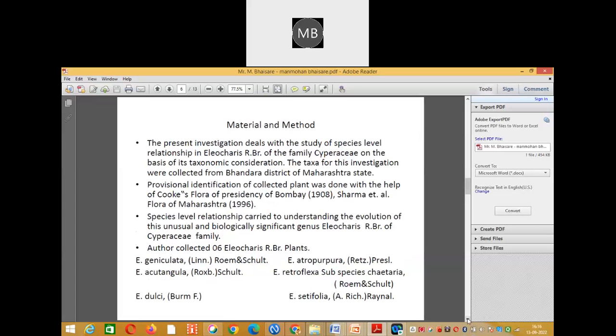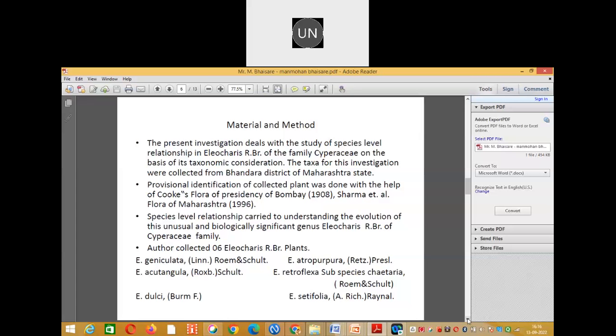I am coming to the material and method. The present investigation deals with the study of species level relationship in Eleocharis of the family Cyperaceae on the basis of its taxonomic consideration. The taxa for this investigation were collected from Bhandara district of Maharashtra state.